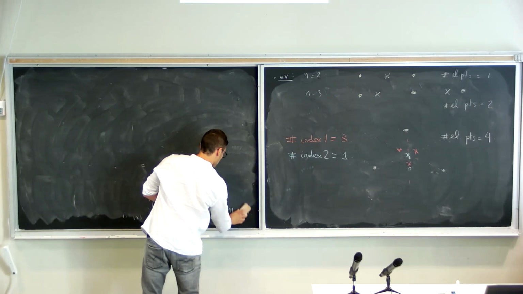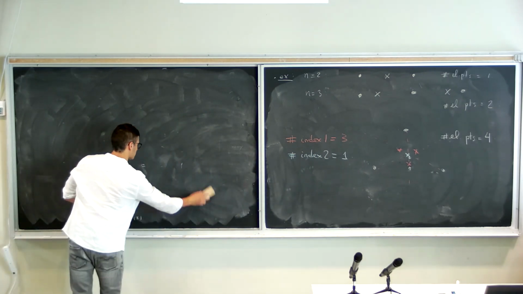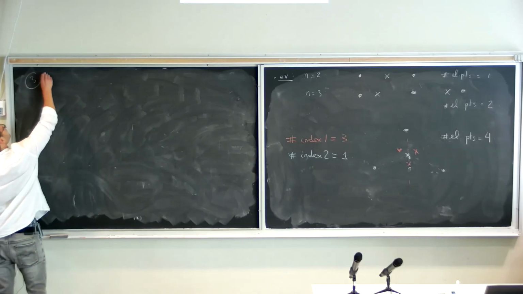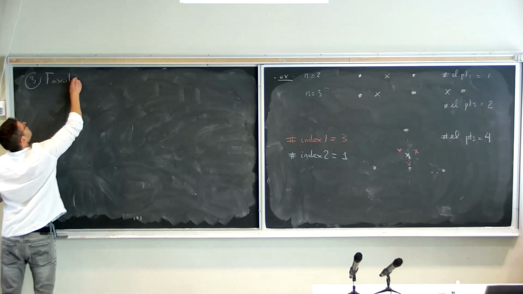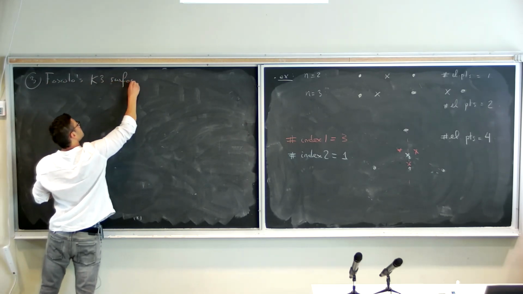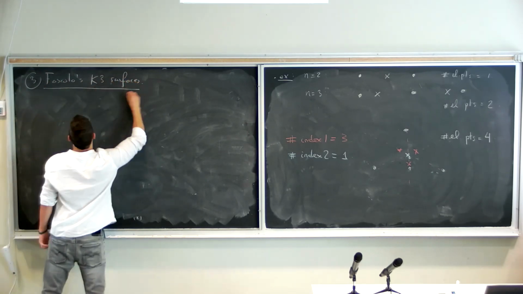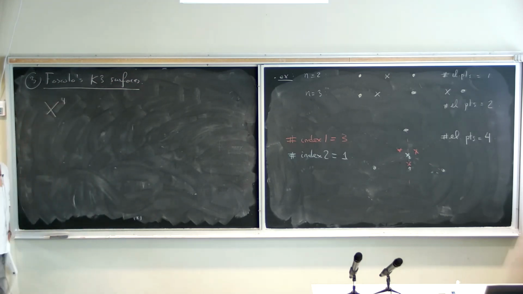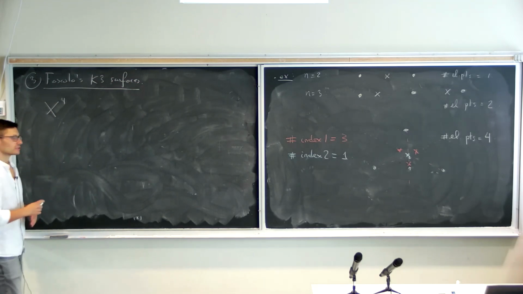So I will now go and describe Foscolo's K3 surfaces. As I said, you have something that is 4-dimensional, and they can be equipped with a lot of parameters because they describe an open set in the moduli space of Ricci flat Kähler metrics on the K3 surface.